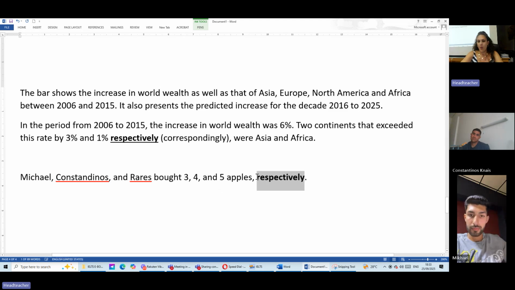So why is this word so important in this example? Yeah, you can give a lot of information without repeating the same words in one line, and you sound more practical, more technical.